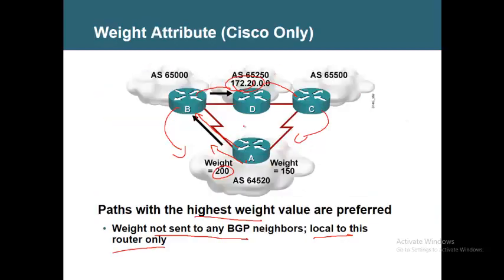That's the difference. Weight also decides how you exit this router in this autonomous system. How you exit. This weight can be configured anywhere. It can be configured with an EBGP neighbor. It can also be configured with an IBGP neighbor. No problem. You can configure it with EBGP as well as IBGP.